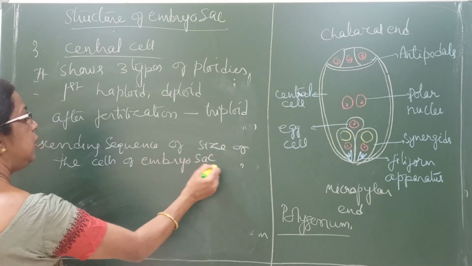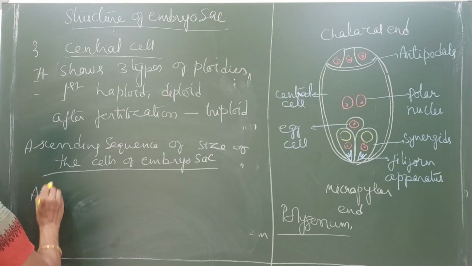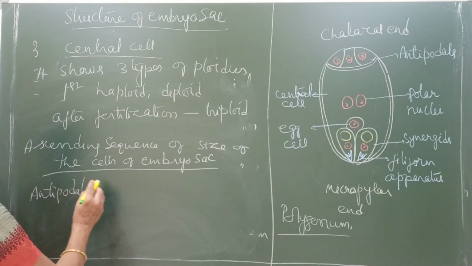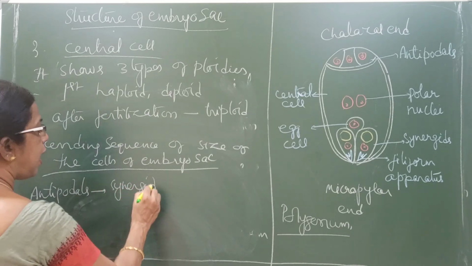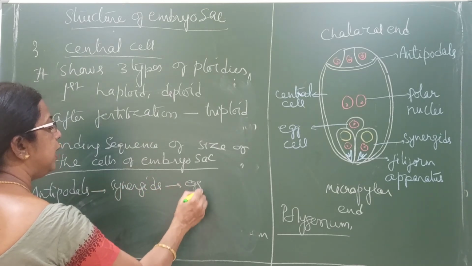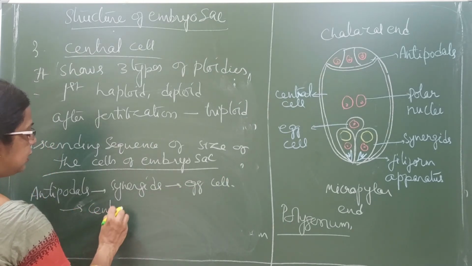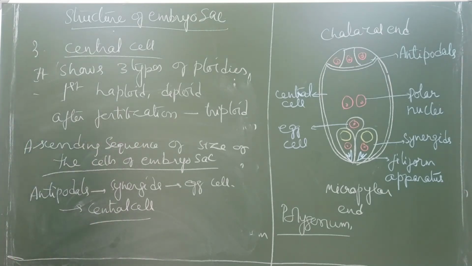We start with the smallest cells: first the antipodals, then the synergids, then the egg cell, and finally the central cell. So this is one type of question you can expect here.